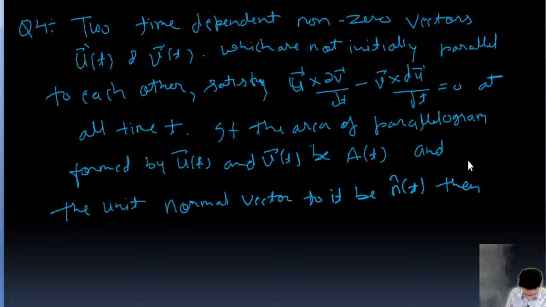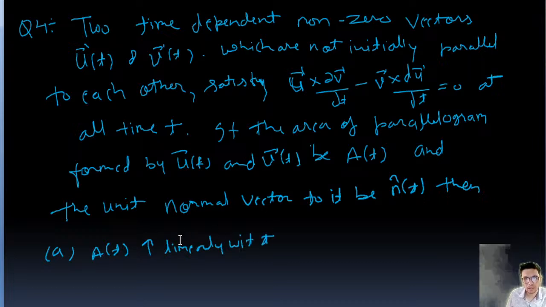Option A is A(t), that is the area, which is a function of t, increases linearly with t, but n(t) is constant.